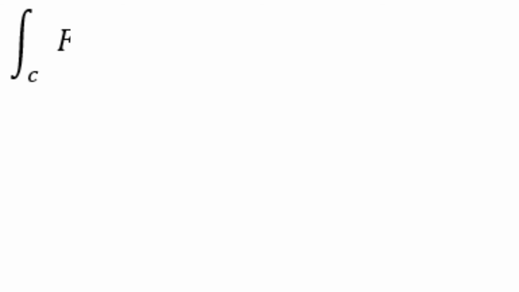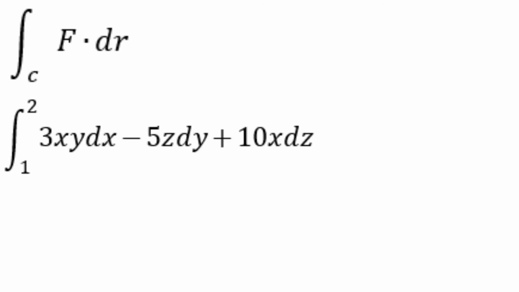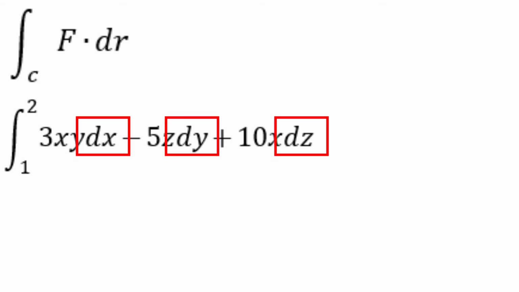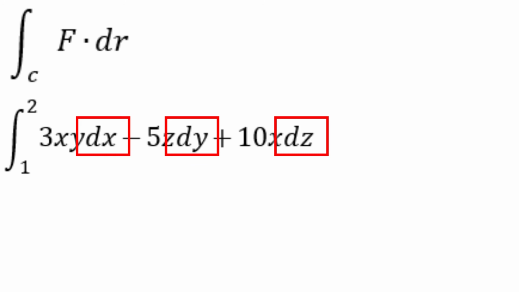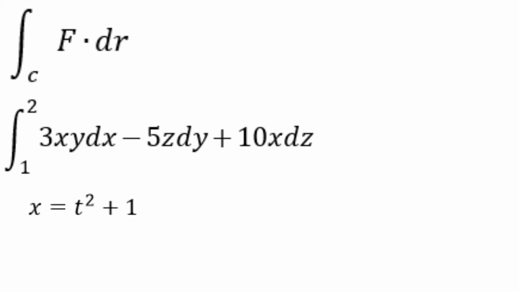Along curve C, F dot dr is equal to the integral with limits 1 to 2 of 3xy dx minus 5z dy plus 10x dz. Now we need to find the values of dx, dy, and dz from x equals t squared plus 1, y equals 2t squared, z equals t cube. First, in x equals t squared plus 1, we find the derivative.